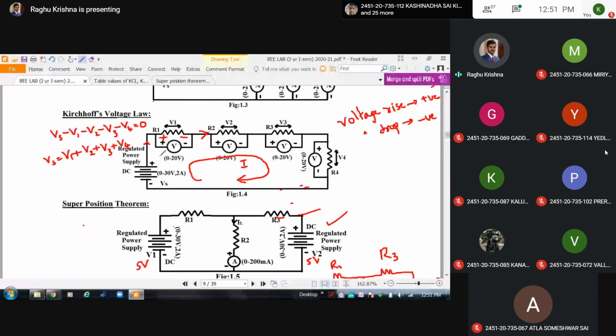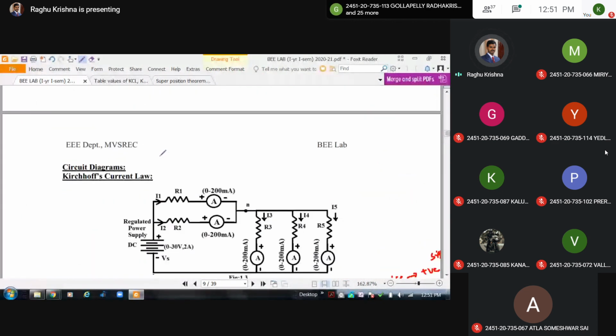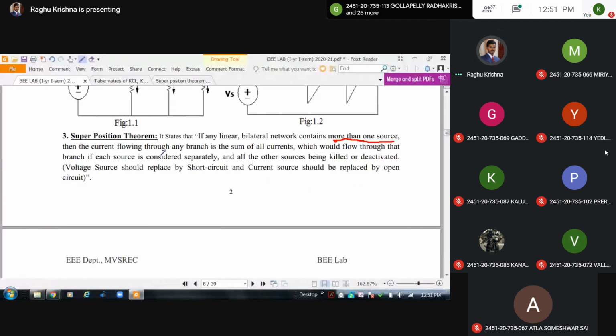I will keep the superposition theorem statement from the textbook and send it in the classroom today. First understand the concept. I will send the statement which gives more clarity about the superposition theorem. I will post it in the classroom.